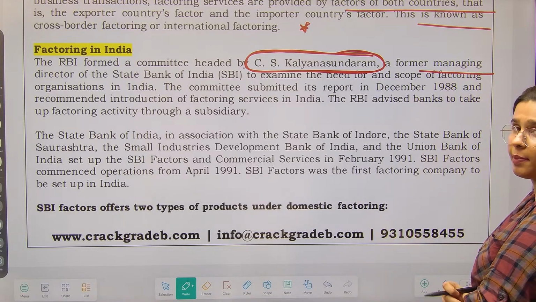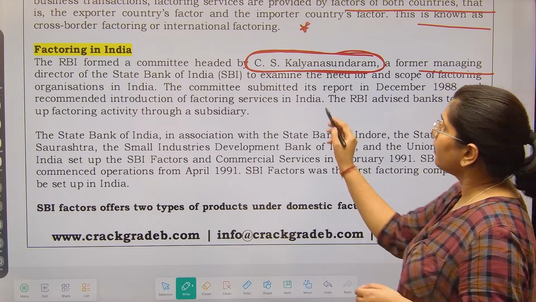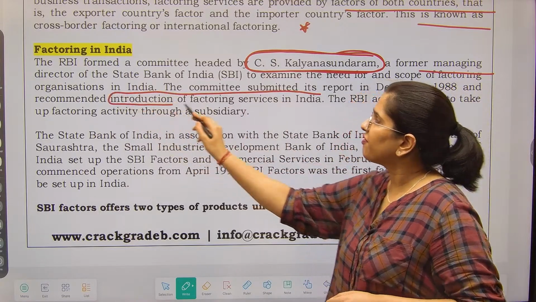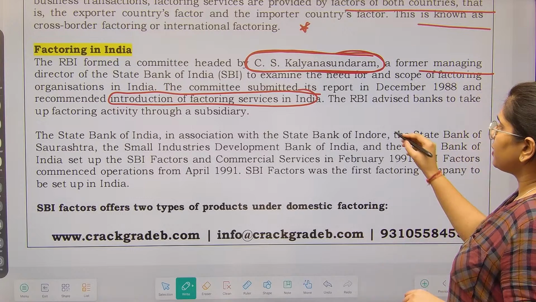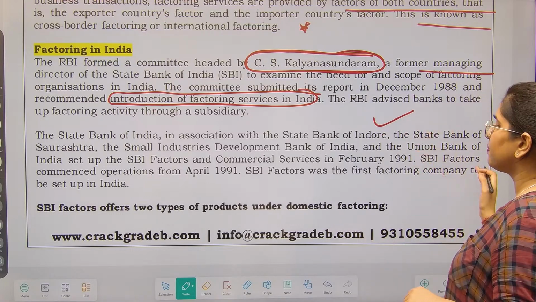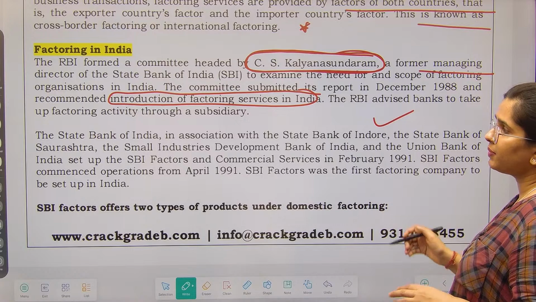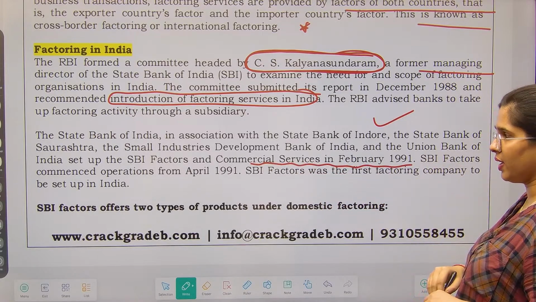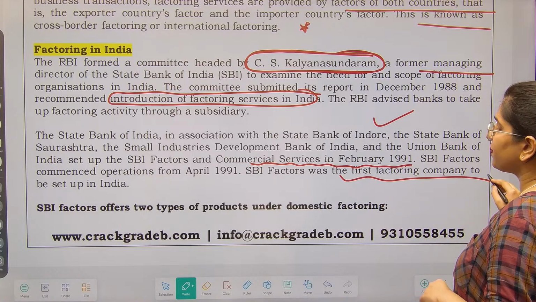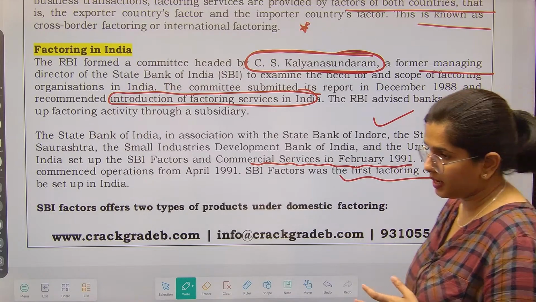This committee recommended the introduction of factoring services in India. The State Bank of India, in association with Canara Bank, Union Bank of India and others, set up SBI Factors and Commercial Services in 1991. SBI Factors was the first factoring company to be set up in India.